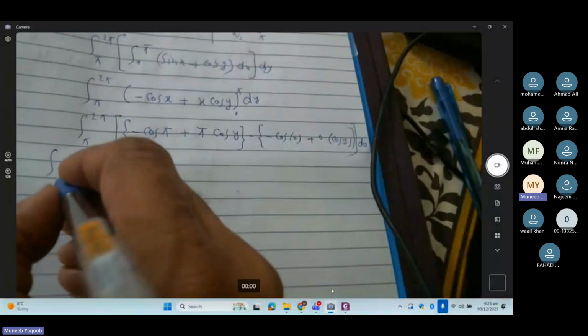Okay. Really, at the limits, it is 1 plus pi cos y plus 1 times dy. So 1 plus 1 is 2 plus pi cos y.